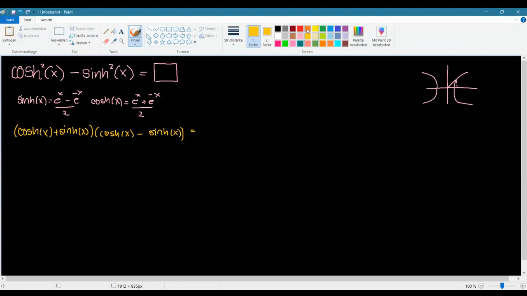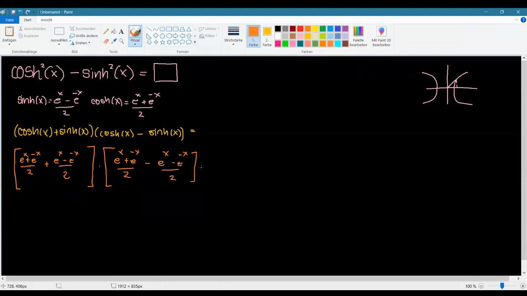So we're gonna end up with e to the x plus e to the negative x over 2 plus e to the x minus e to the negative x over 2, times e to the x plus e to the negative x over 2 minus e to the x minus e to the negative x over 2. That's what we're going to have on the left side.